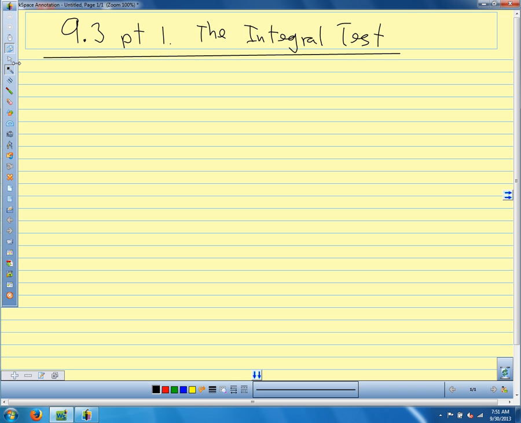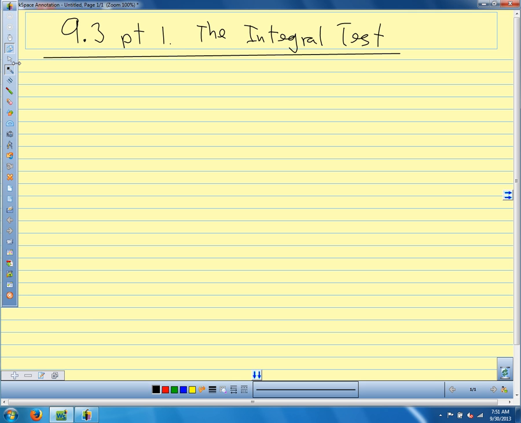So we started talking about sequences, and we defined a sequence as a function whose domain is the positive integers. We have this list of numbers that we can think of as a function of positive integers. For a sequence, if the nth term approaches a limit, then the sequence converges.